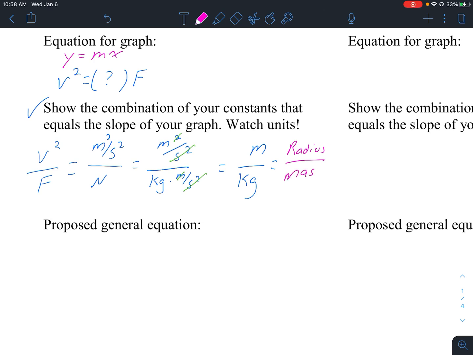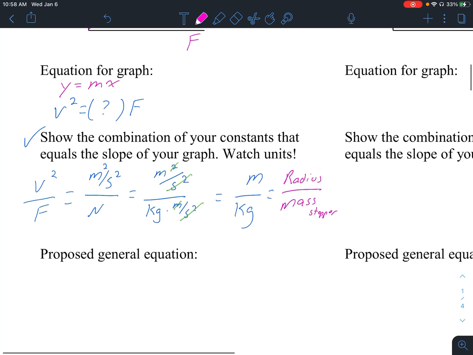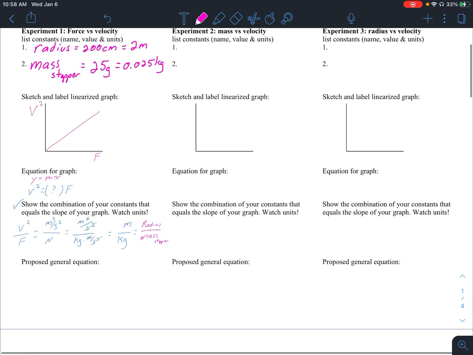So that was the mass of the stopper. When we look at the big picture here, these were our two constants.